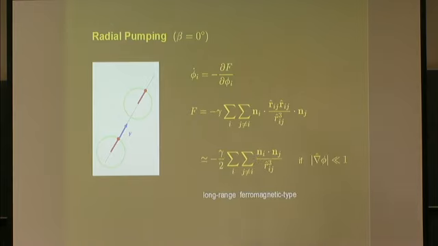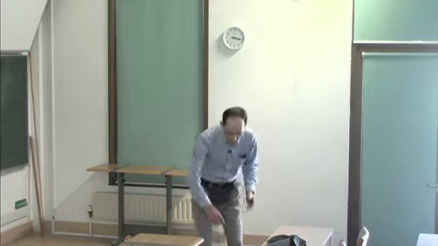And when the spatial gradient is small, we can approximate the tensor by a unit tensor to get this Hamiltonian, which is a long-range ferromagnetic type interaction. So we can compare this with the two-dimensional XY model, which has a nearest neighbor interaction. The difference is that we have a long-range 1 over r cubed interaction.